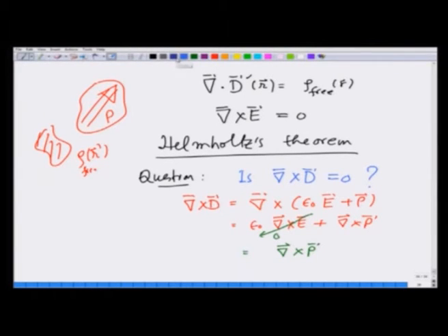Look at the picture on the left of your screen. Suppose I have a material. Let us take this to be y direction, this to be x direction, and I have a polarization which is in the y direction and changes with x.